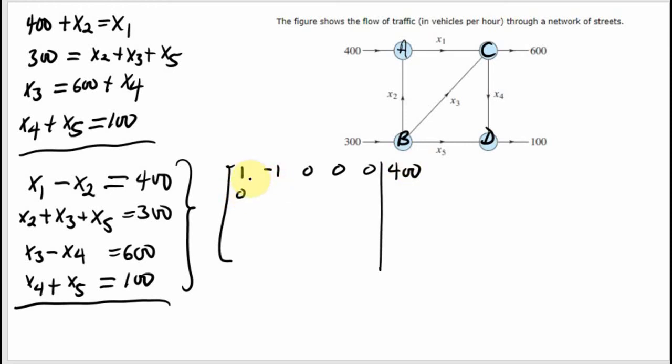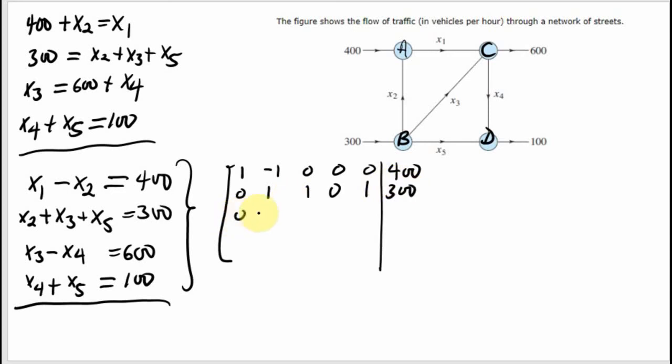Notice we're only writing the coefficients. We're not saying that x sub 1 is equal to 0. We're saying the number times the variable is 0. Here, this is 1 times x sub 2, 1 times x sub 3, no x sub 4, and 1 times x sub 5 is equal to 300.